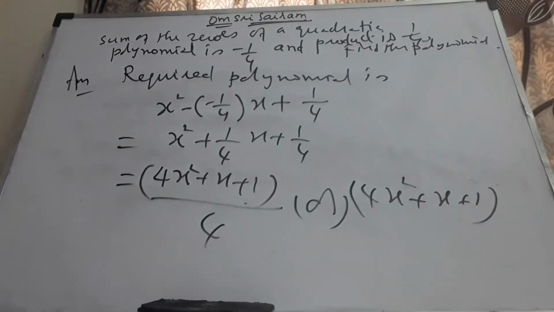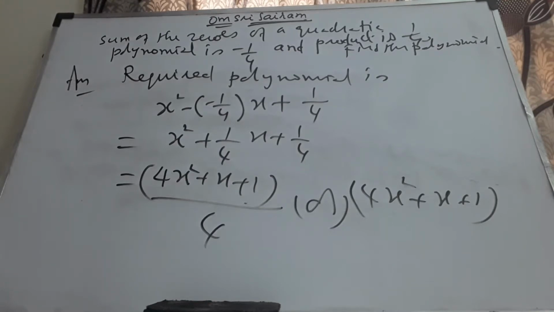You can have it as 4x square plus x plus 1 whole divided by 4, or you can write it as 4x square plus x plus 1. Both will give you the same answer.